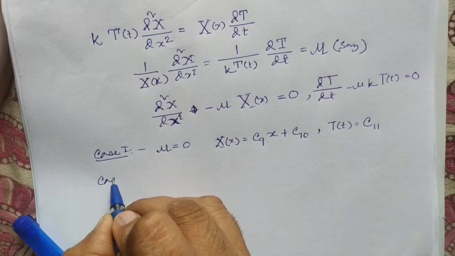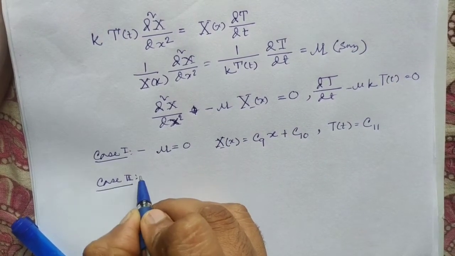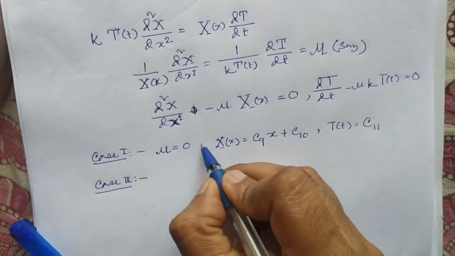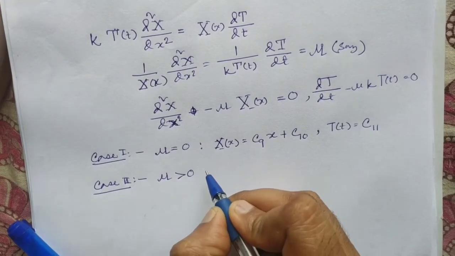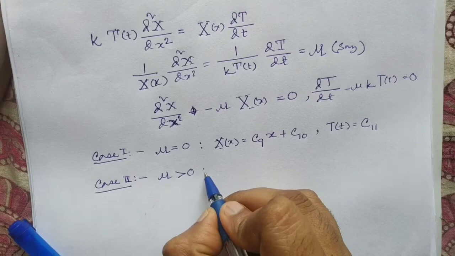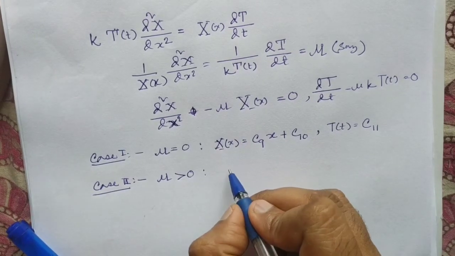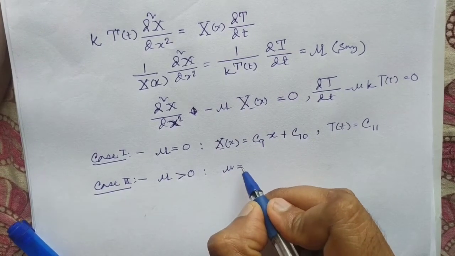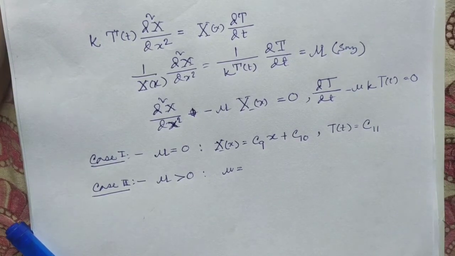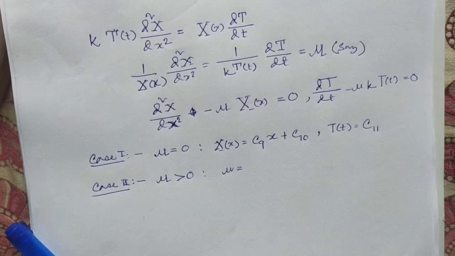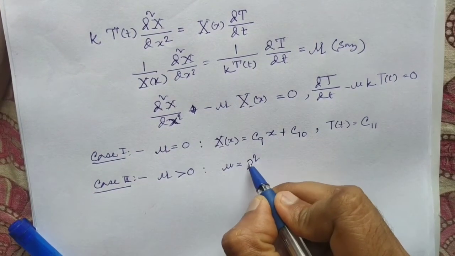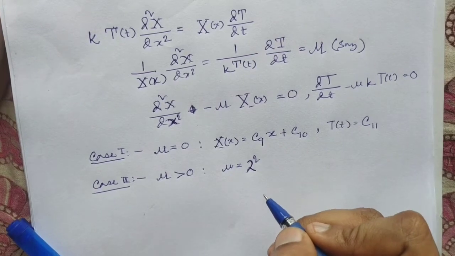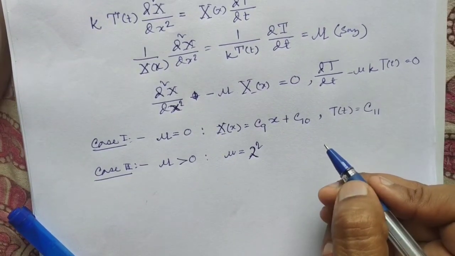Now case 2 is if mu is greater than 0. So if mu is positive, this can be equal to some number squared. It need not be an integer, but whatever it be, we write it as lambda squared, and lambda obviously will not be equal to 0.